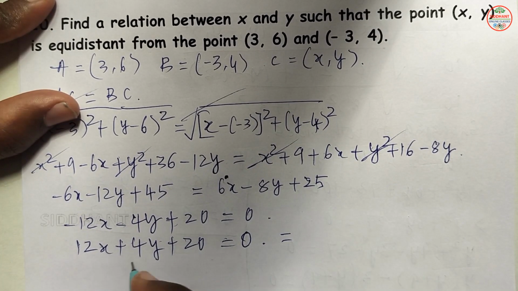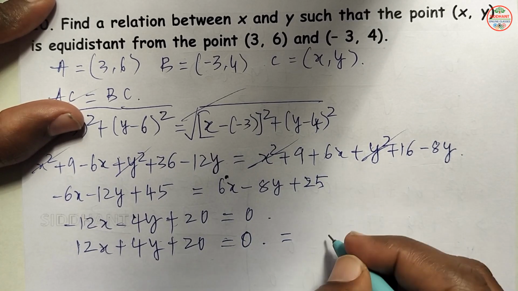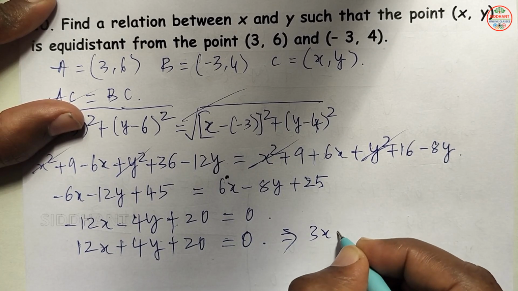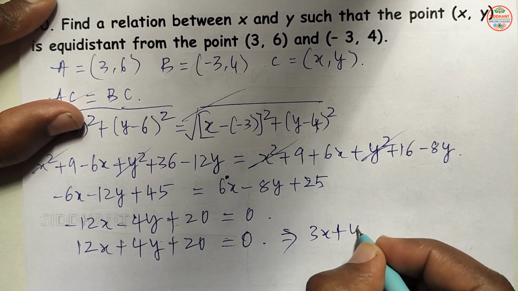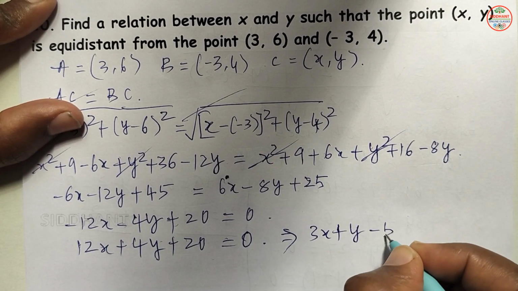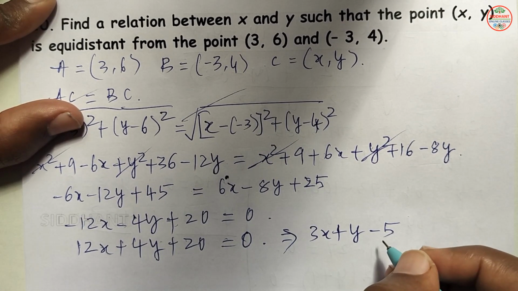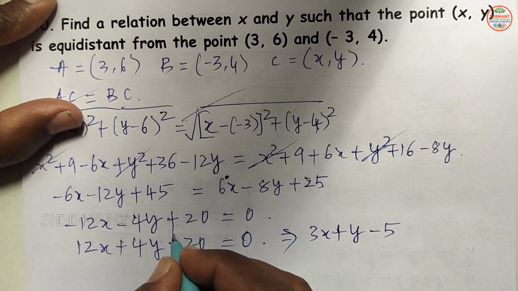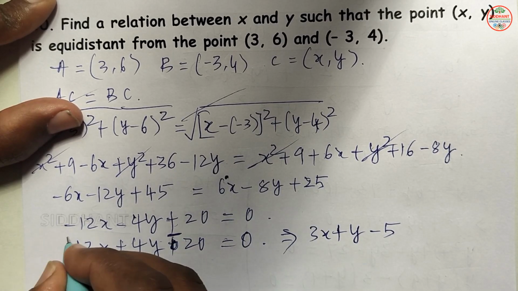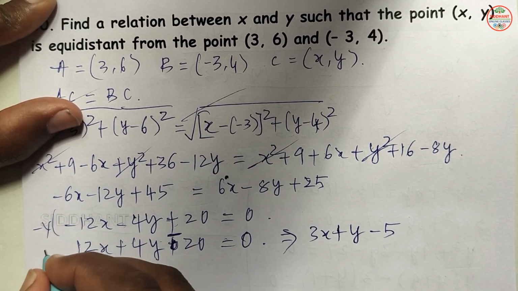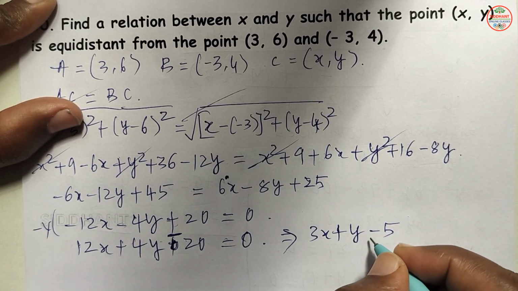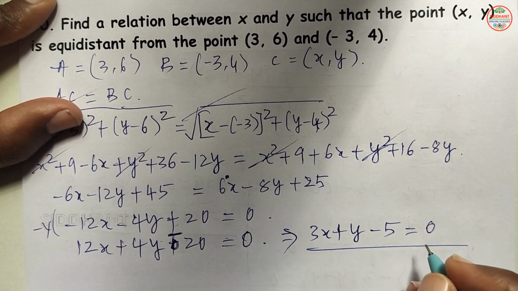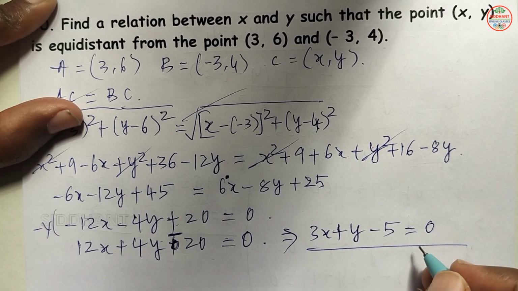When you divide by 4, we get 3x plus y minus 5 equal to 0 after simplification. So this is the relationship we got.